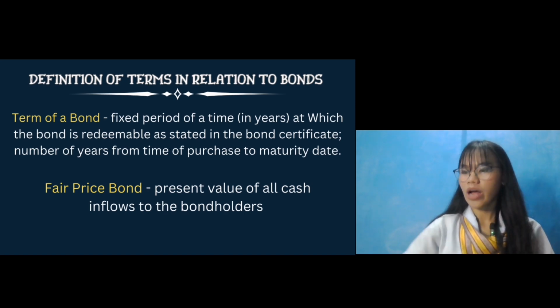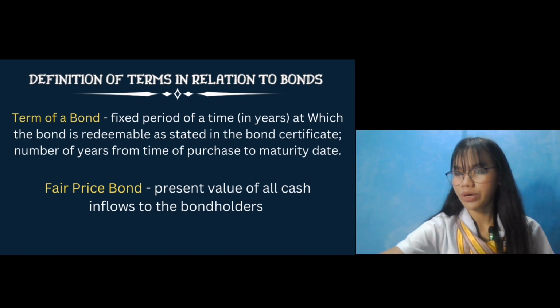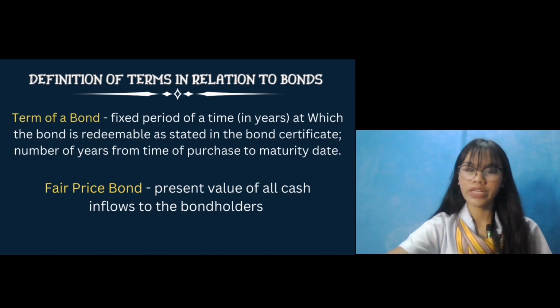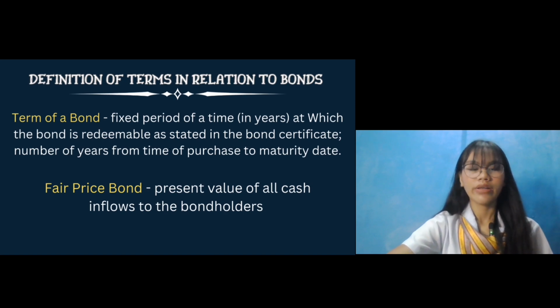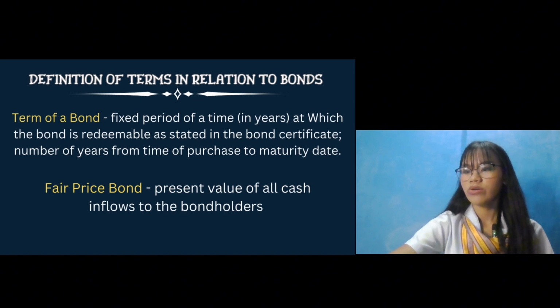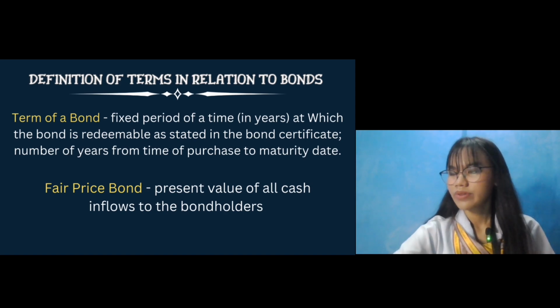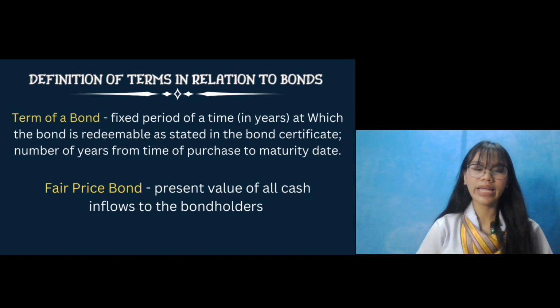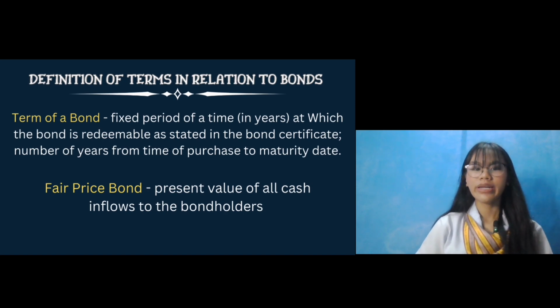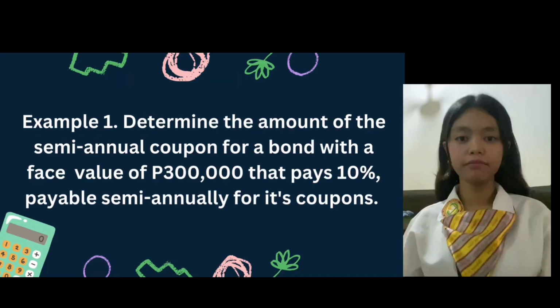The par value or face value can be represented as the future value, so the fair price of the bond is our present value. Okay, so now let's proceed to our given examples.